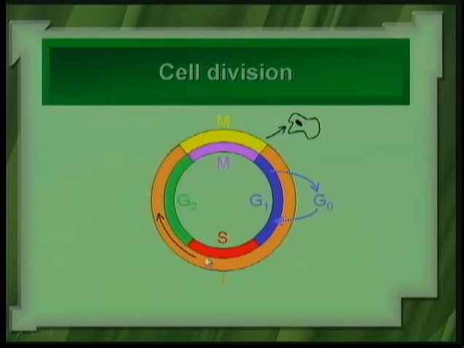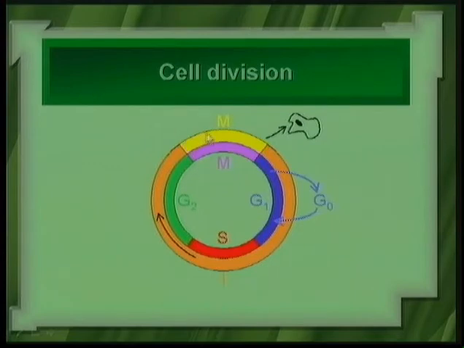Then during the S phase, they call it the S phase because this is the synthesis phase where DNA is being synthesized. During the gap 2 phase, the cell is making more organelles, is also metabolically active, and is readying itself for mitosis, or cell division.